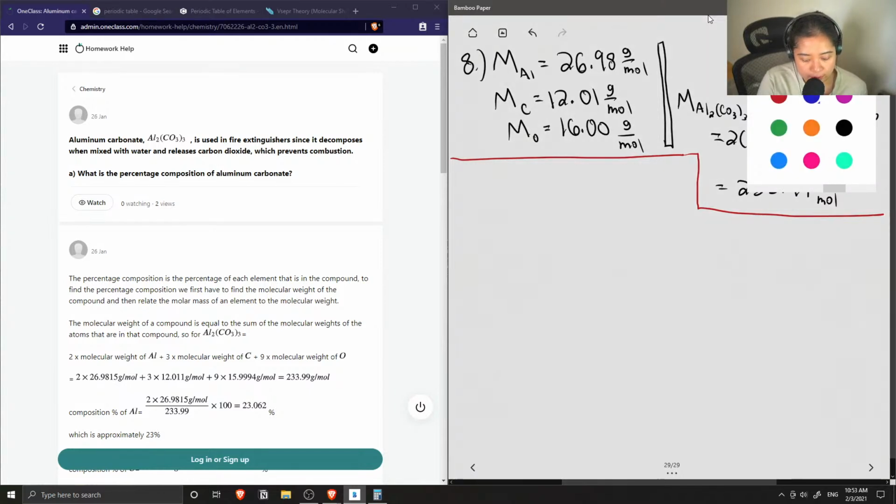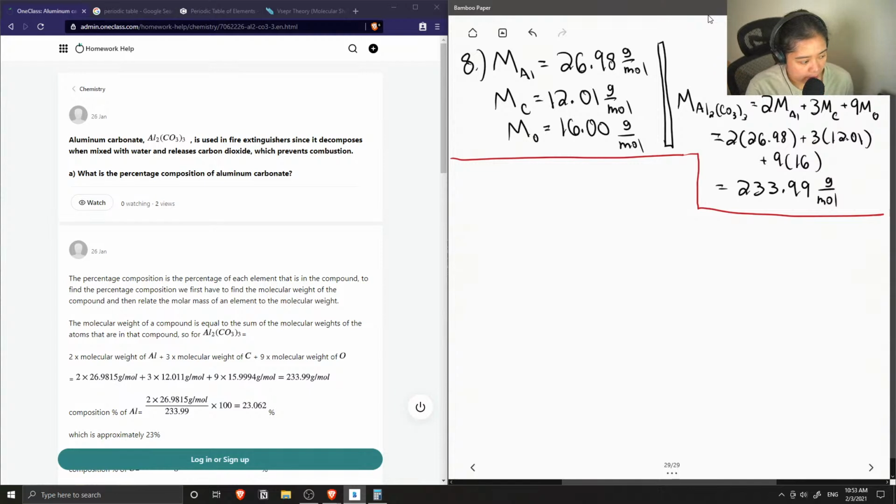So now when finding the percent composition, we need to take into account all of the elements and also how much of each element there is in aluminum carbonate. So for example, let's calculate the percent composition of aluminum.